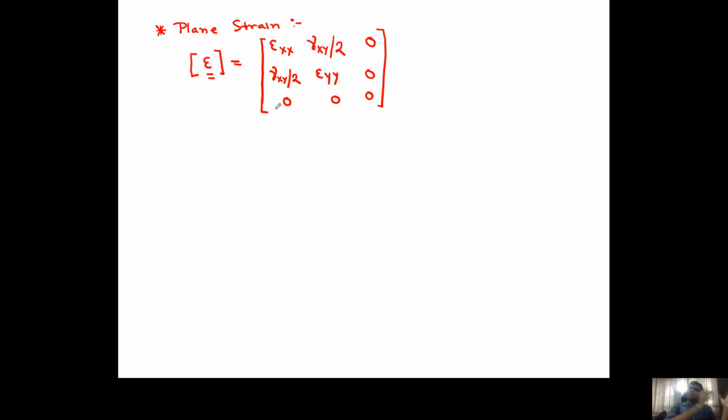So as you remember, for plane stress, we have a sigma, which was of this form. And for plane strain, we start with the strain or epsilon, which is of this form. So the concept is kind of similar, but instead of using it for stresses, we are now using it for strain.